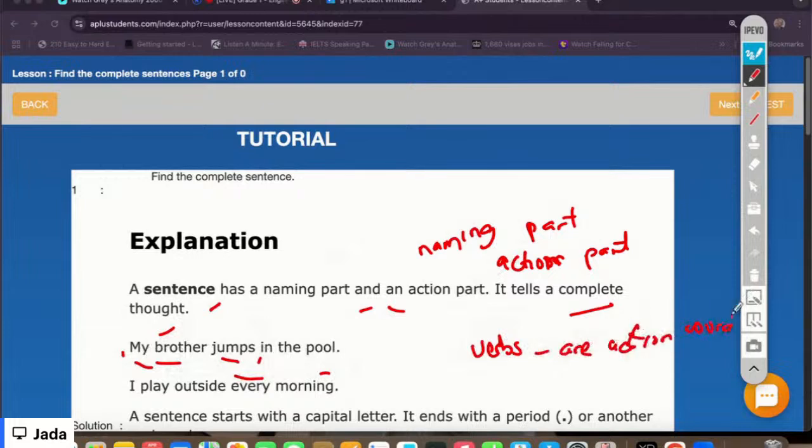Okay, so since the verbs are action words, now the action will be the verb. So you can see here, jumps. This is the verb, and the naming part will be my brother. So in general, this sentence forms a complete thought.